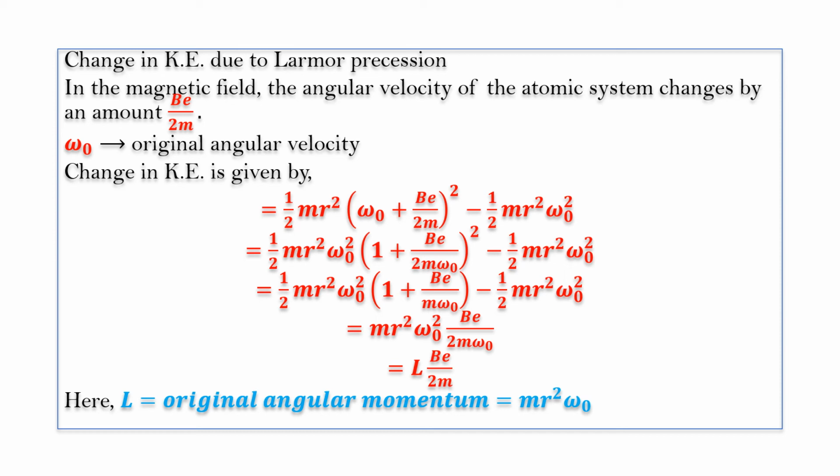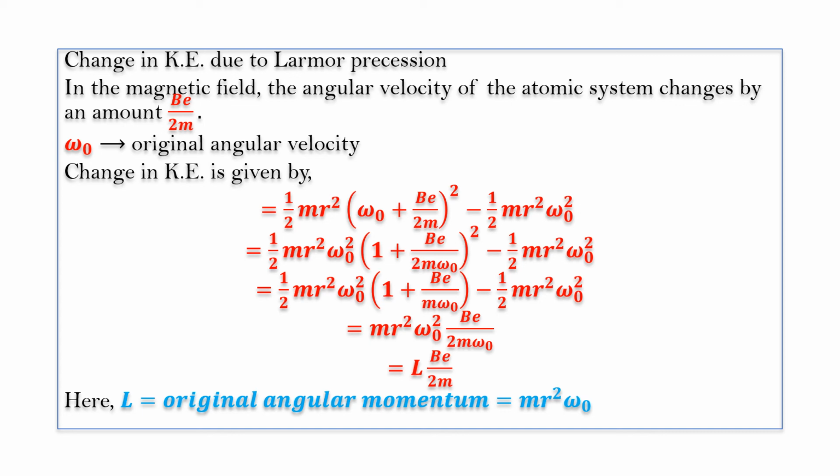Here m represents the mass of the electron, r represents the radius of the orbit, and omega naught represents the original angular velocity of the charge. So the original angular momentum depends on the mass, the radius r, and the original angular velocity. So this is the conclusion for the Larmor precession.